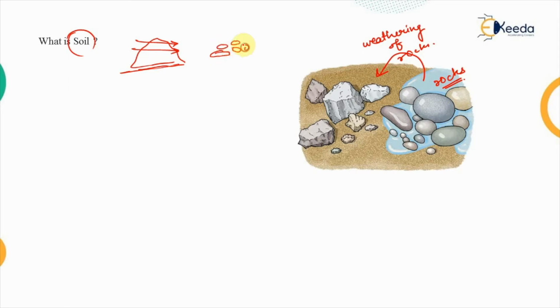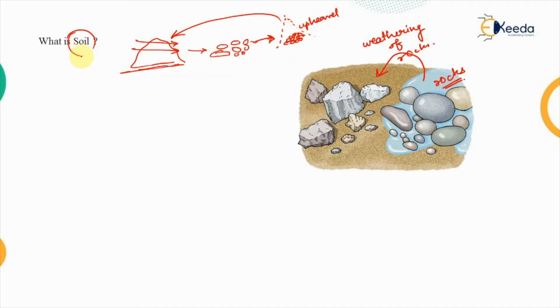After disintegration and transport to another place, it will be collected at a certain place, and that is known as the upheaval of the soil mass. When it is collected up to a certain level, it again forms a rock.